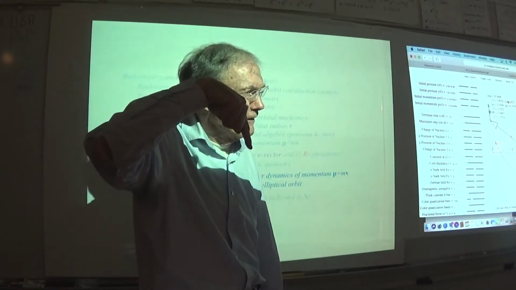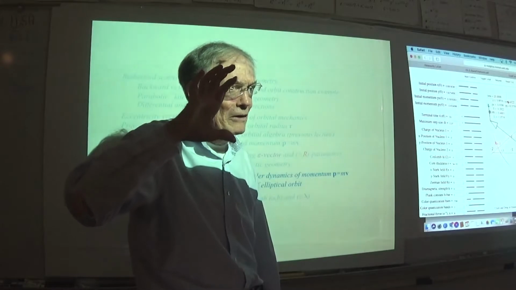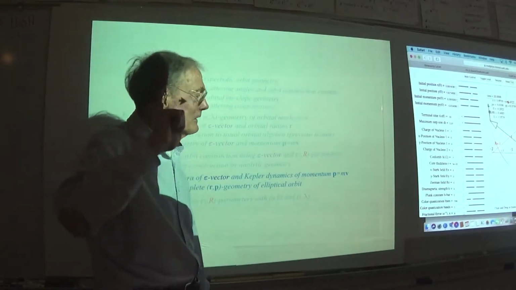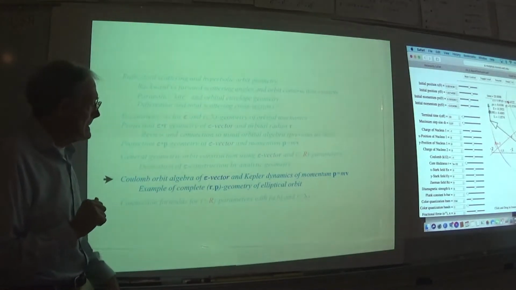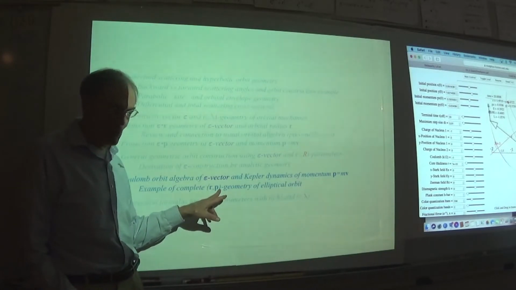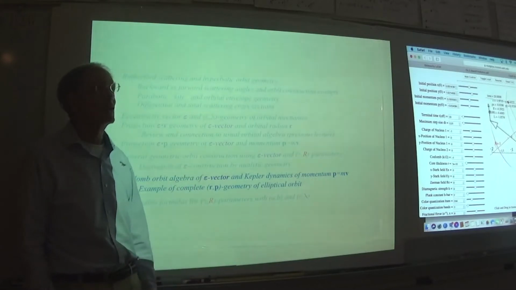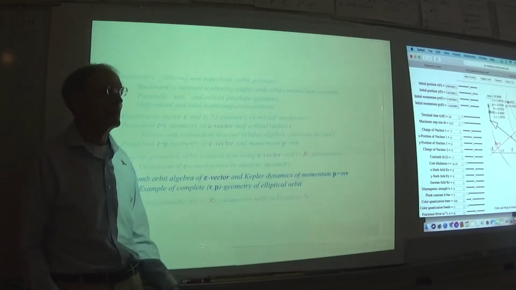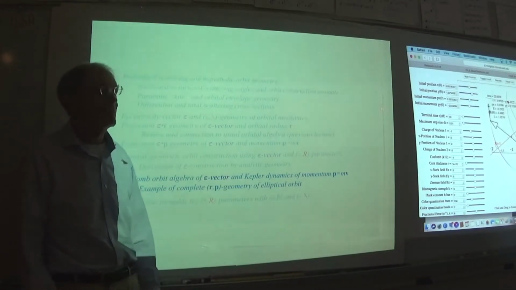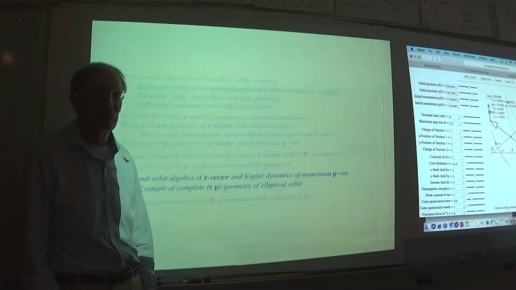Potential 1 over r, right? It's got a big singularity right there in the neighborhood, okay? The Fourier transform of the oscillator is really simple. P squared plus r squared just turns into r squared plus p squared. P and r are both squared, so that's Fourier transform.